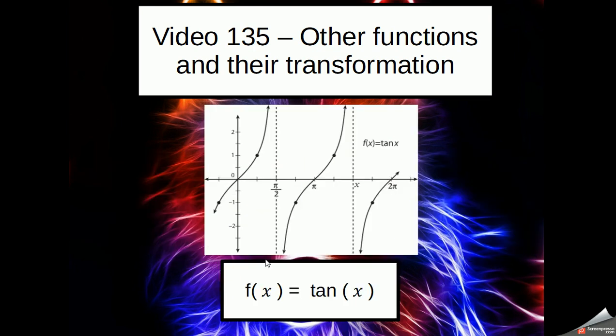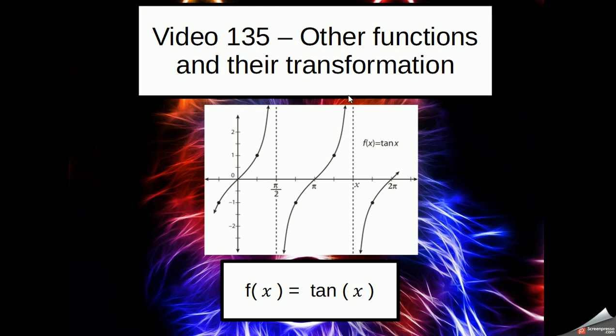Our final one is tan then. So whenever you see this pattern where it's not quite reaching pi divided by 2, or 3 pi divided by 2, we've got the tan of x.